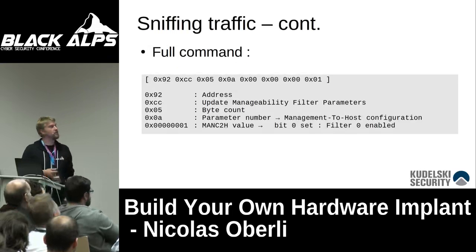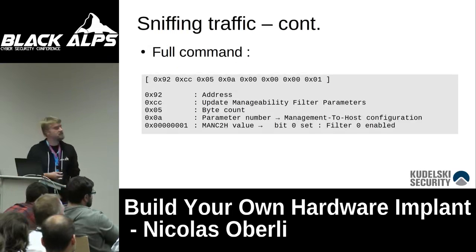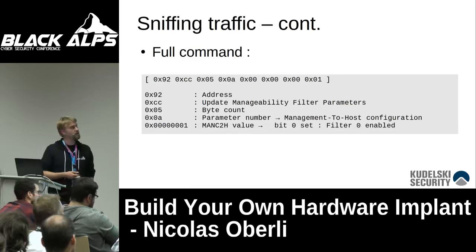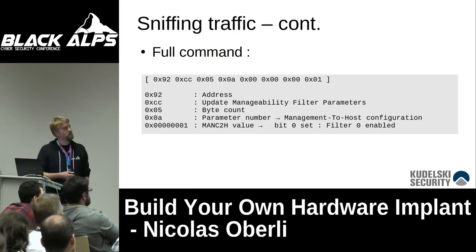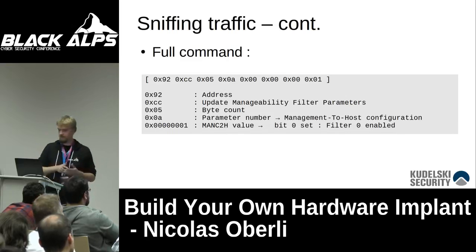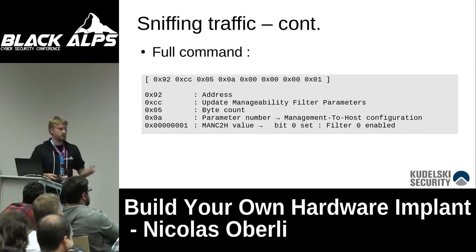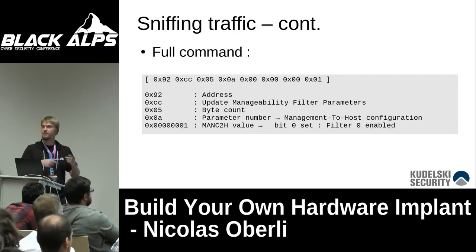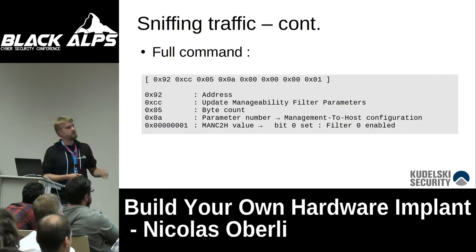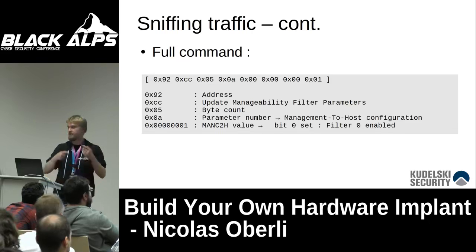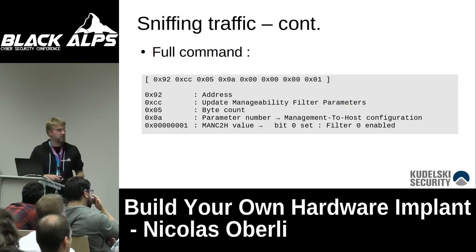So again, the command to do this is this one here. And you need to set a specific register value that you can understand by reading the documentation. And you need to set the first bit, because we set the first filter.